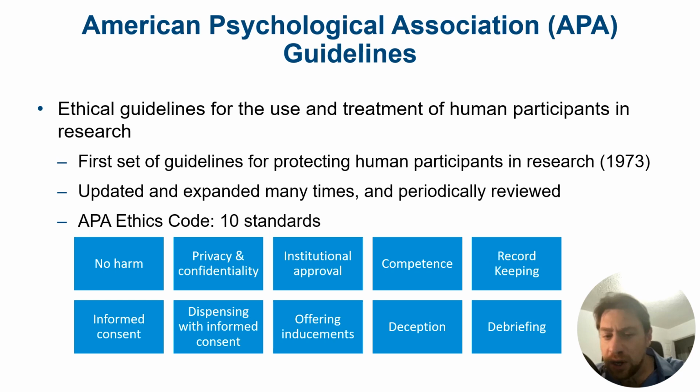And those standards are no harm, privacy and confidentiality, institutional approval, competence, record keeping, informed consent, dispensing with informed consent, offering inducements, deception, and debriefing. And we'll talk about some of these standards, not all, but we'll go through some. And of course, you will see intimations and influences from the Belmont Report and the Nuremberg Code, etc.